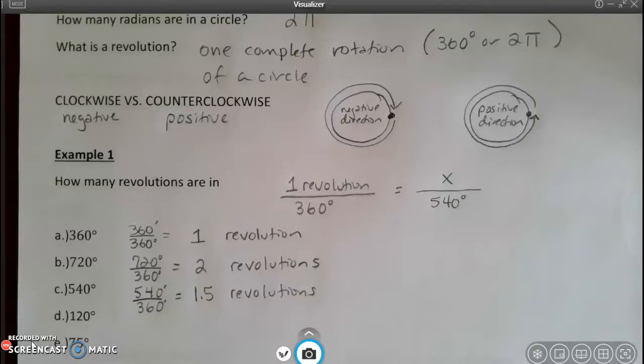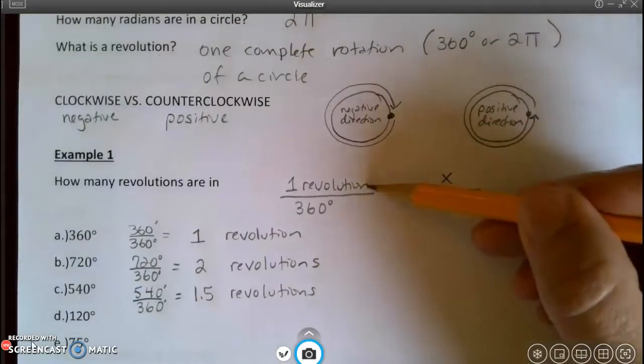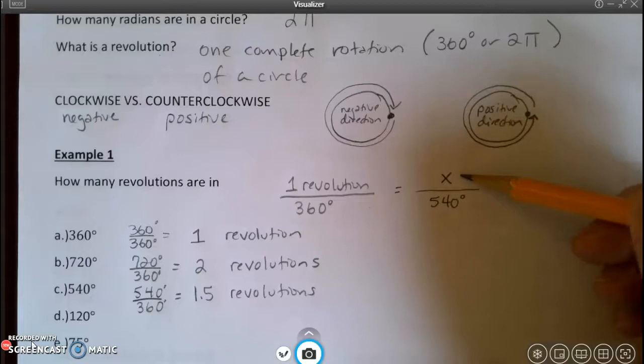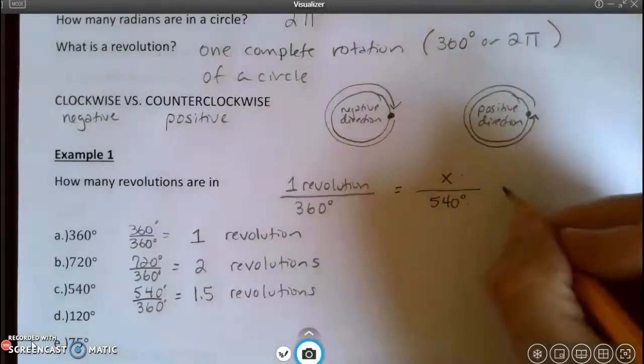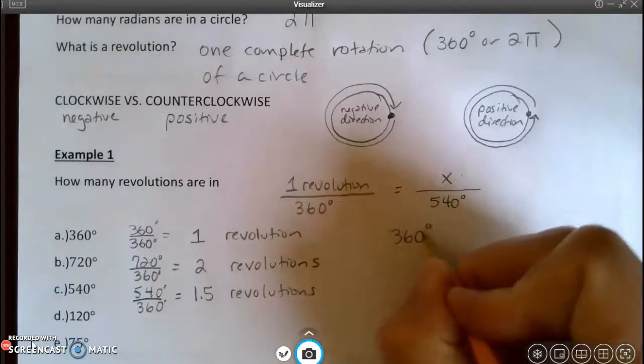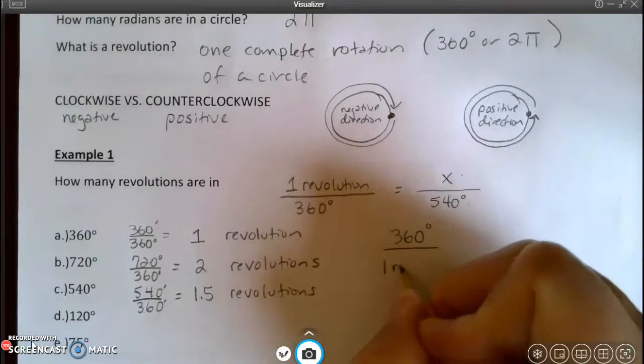So if you ever get stuck and can't remember, well, wait, what do I do? Then always start off with 1 revolution is 360 degrees. So you have to have your revolutions in the numerator and your degrees in the denominator. Or you could have, if you had wanted to, you could have said 360 degrees is 1 revolution.